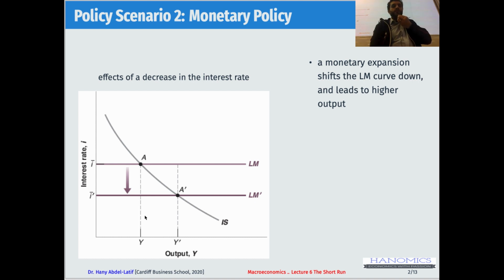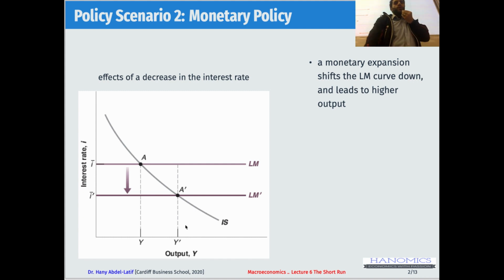The equilibrium point was A at the initial point here, and the associated output level was Y. Once there's an expansionary monetary policy, or a lower interest rate, which is I prime here, that means a shift downward in the LM curve, and that results in a new equilibrium point where we have a higher output level, Y bar.